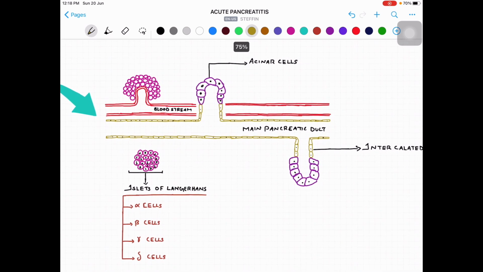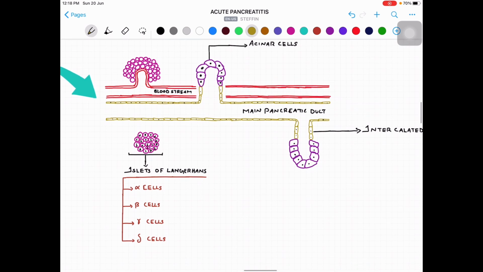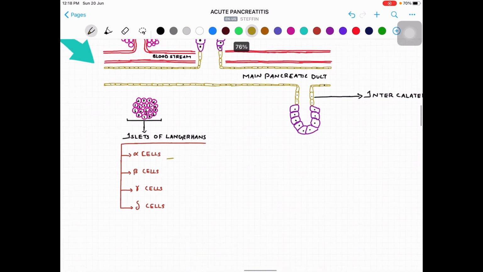The functional part includes the acinar cells and the islets of Langerhans. Acinar cells are the exocrine part and the islets of Langerhans is the endocrine part. The islets of Langerhans is a cluster of cells. They are alpha cells, beta, gamma and delta. The alpha cell secretes glucagon.